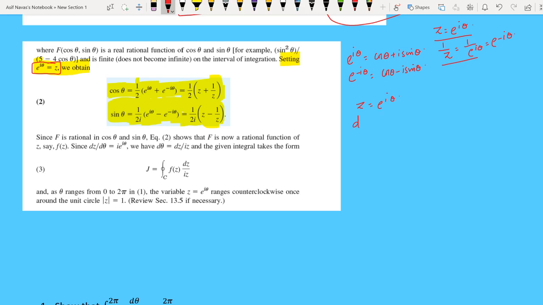Now, we already put z equal to e power i theta. Then dz is equal to the derivative of e power i theta with respect to theta, so we get i e power i theta d theta.